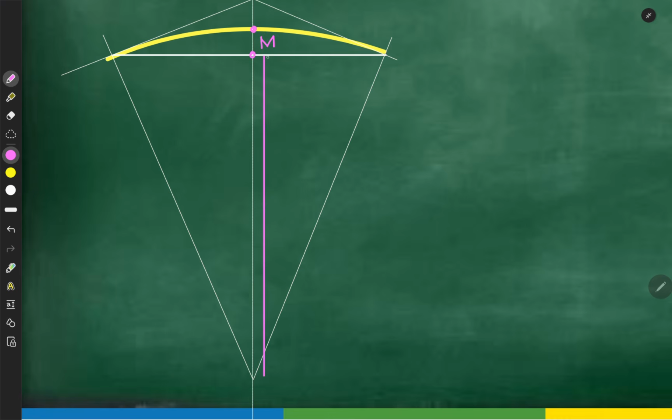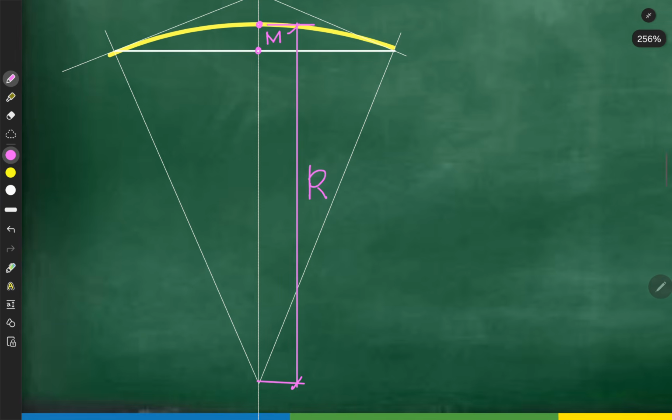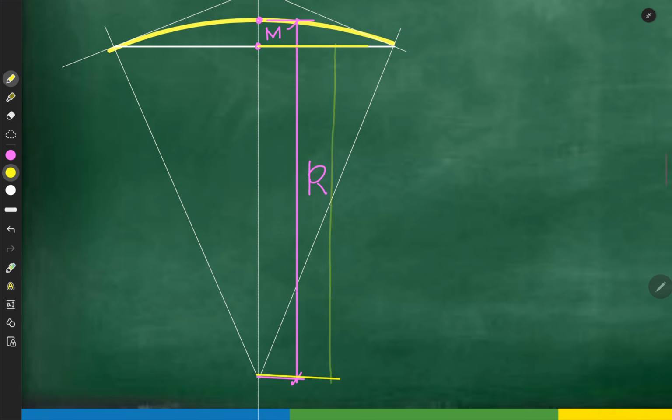So ano na ngayon yung distance na to? Tama ba? This is just radius. So mula dito hanggang dito, this is R. Ano na lang yung distance mula dito hanggang dito? So this will become R minus M.